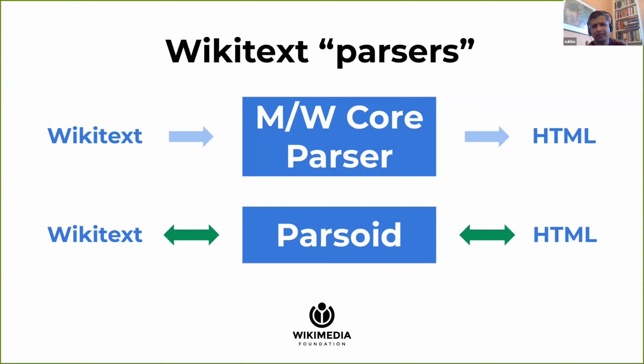I already said we have two parsers right now. The MediaWiki core parser has been around since 2003, and it takes Wikitext and generates HTML. Parsoid is a different parser, which not only can convert Wikitext to HTML, but can also take HTML and convert it back to Wikitext.